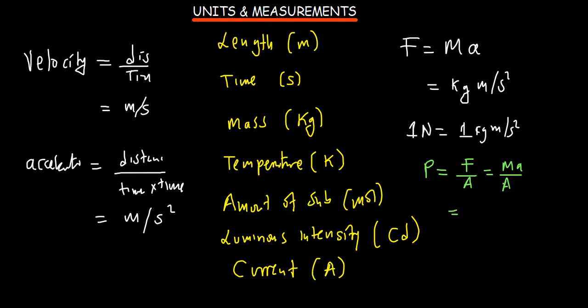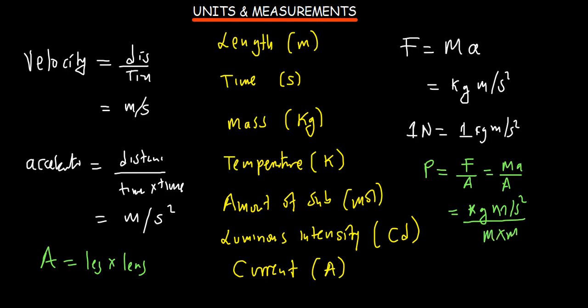And mass, we have said this in kg. Acceleration is meter per second squared. And then in the denominator we have got area. Area is also a derived quantity. It's actually given by length times another length. So it is meter times meter, which is a meter squared.